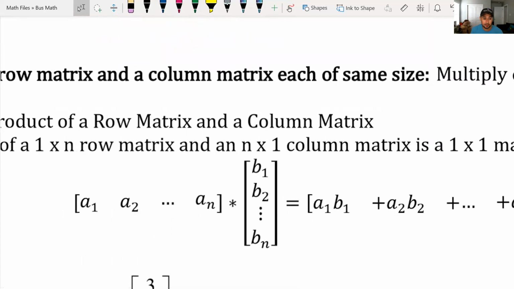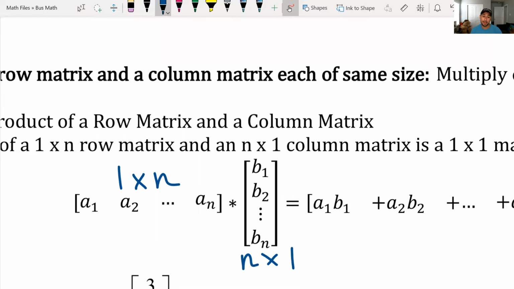So the first matrix over here, what we're saying is that this is a 1 by n matrix, right? A 1 by n matrix. The second matrix given is going to be an n by 1 matrix.